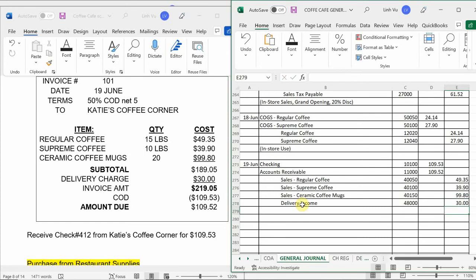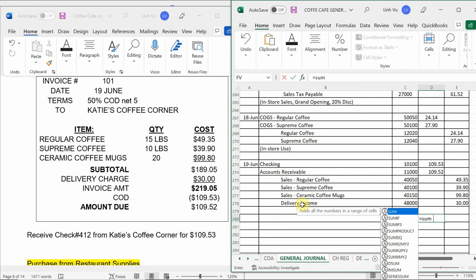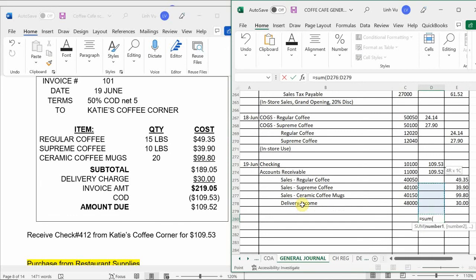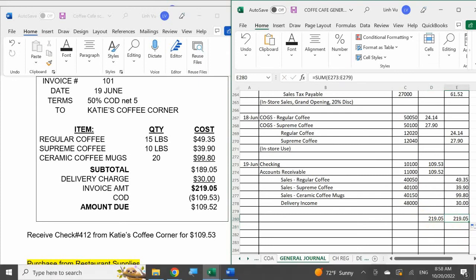Okay, so let me go ahead and check that my debits equal my credits to ensure that my journal is completely done and that there's no typos here. So 219.05 on the left, 219.05 on the right. Okay, good.